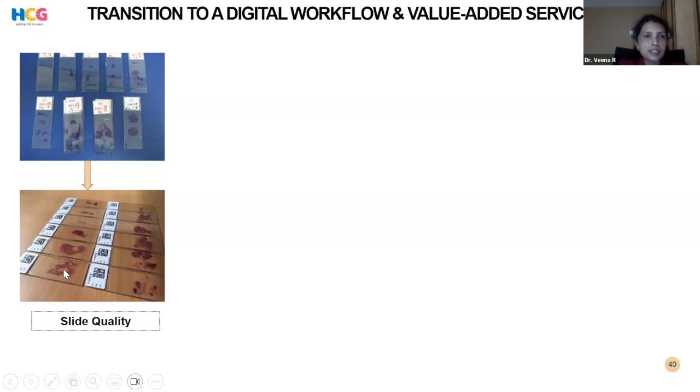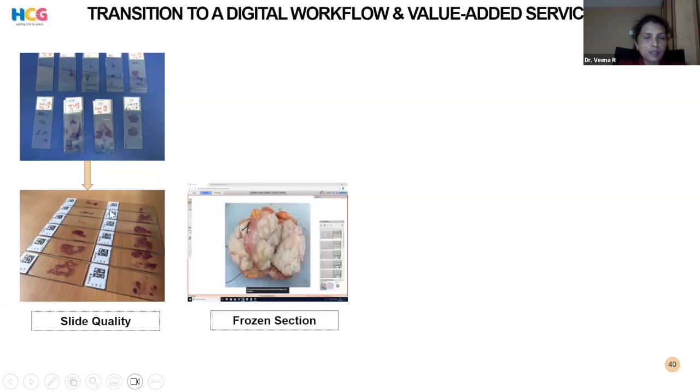What you can see is evenly placed tissues, uniform sections, barcoded glass slides, and no excess DPX, no sticky labels, no cover slip out of the slides. So our slide quality has improved, and this has helped in improved image quality as well.